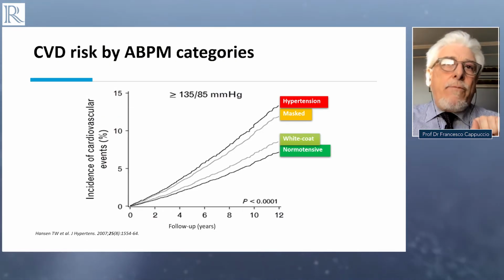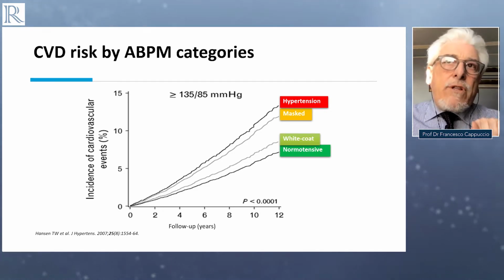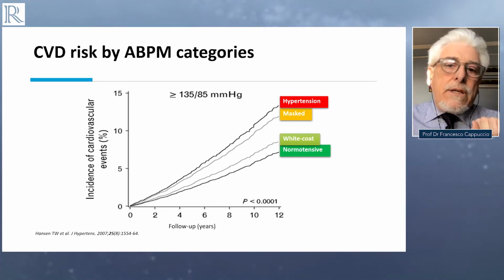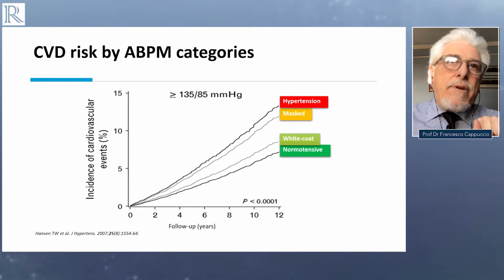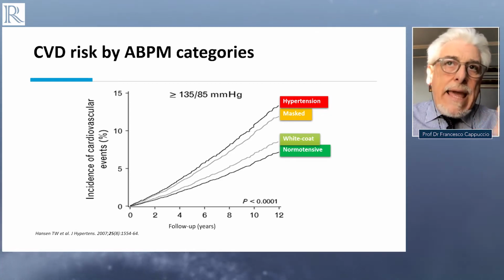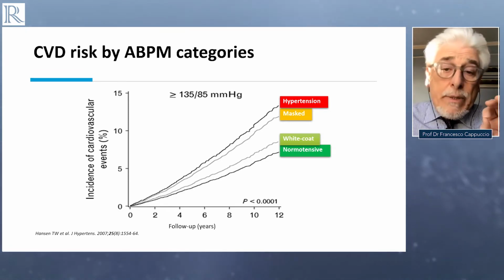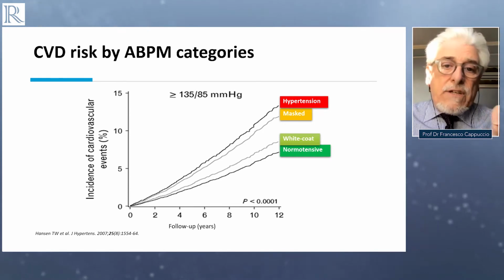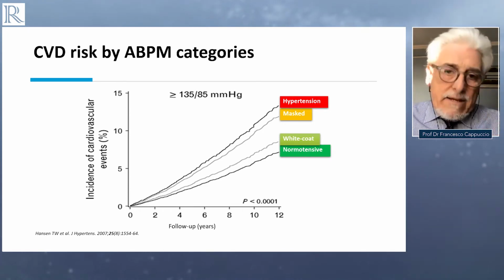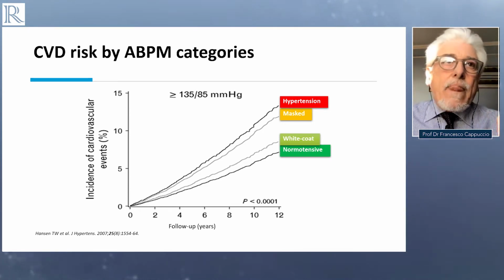The risk of developing cardiovascular events here increases from normotensive group to white coat through masked and hypertension. And the prognostic value of daytime average 24-hour blood pressure appears to be superior to the prognostic value of the daytime blood pressure measured in the office.